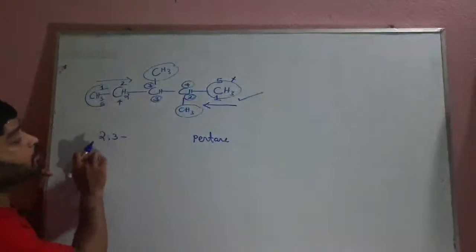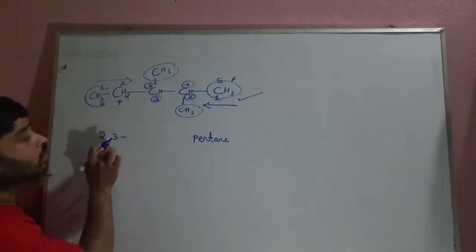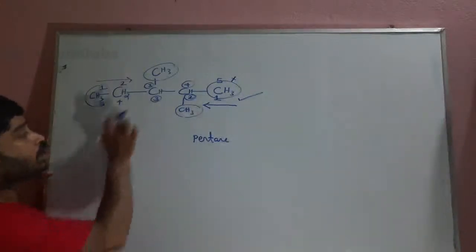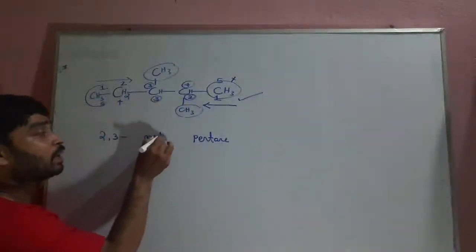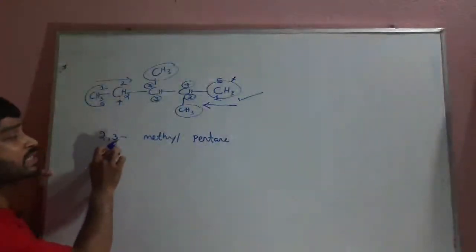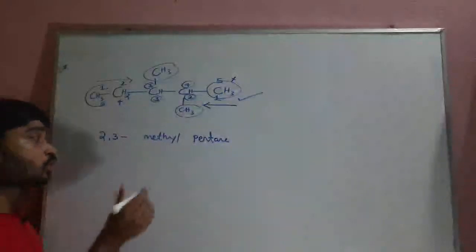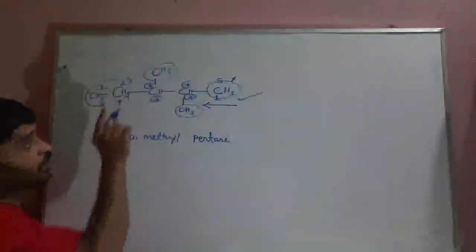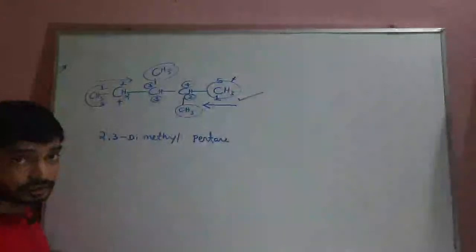So the locants are 2 and 3 and two methyl groups are present. If I write methyl, it will be wrong because there are two locants and there is not a single methyl group. So there are 2 methyl groups, so I am writing dimethyl. So the proper nomenclature for this compound will be 2,3-dimethylpentane.